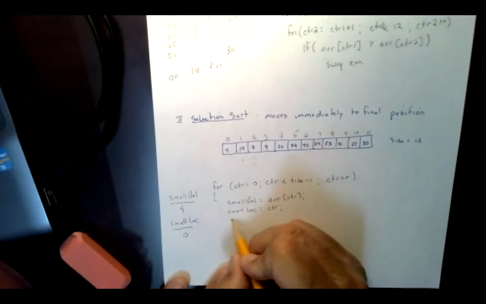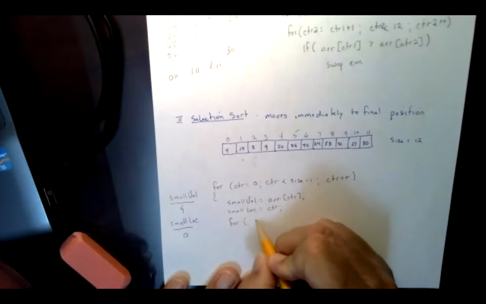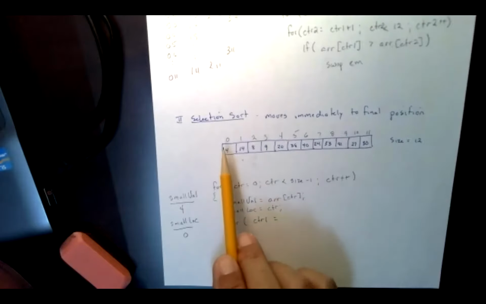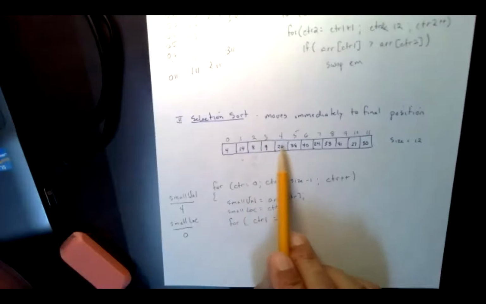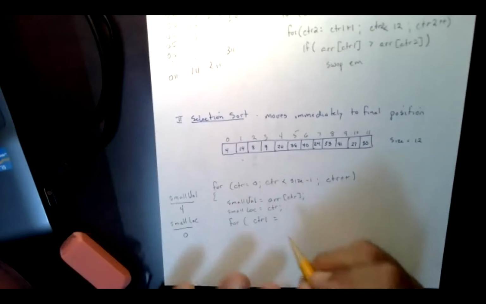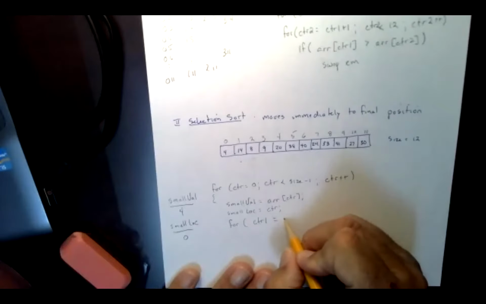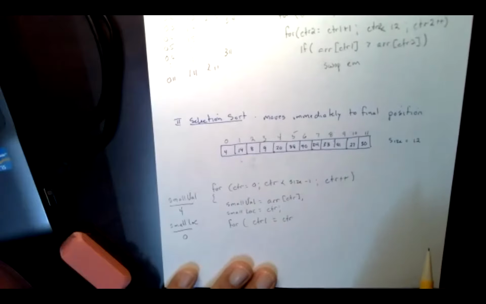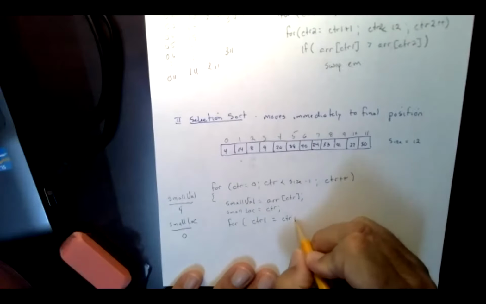Okay, now I need my second loop, for counter 1 equals. This is going to be similar to the previous sort because I'm looking at 0 and I want to go the rest of the way out. So what's this going to be? Where am I going to start? Counter plus 1.